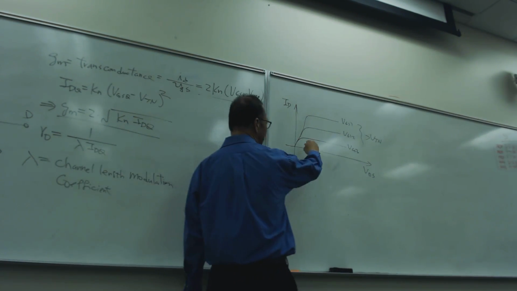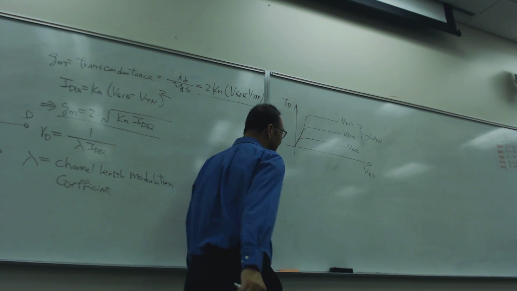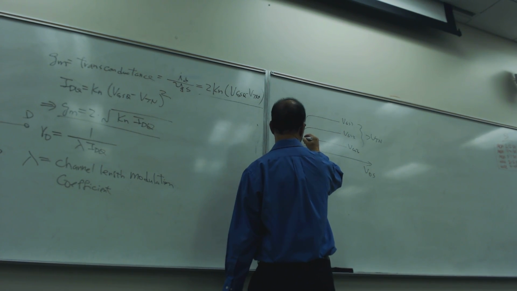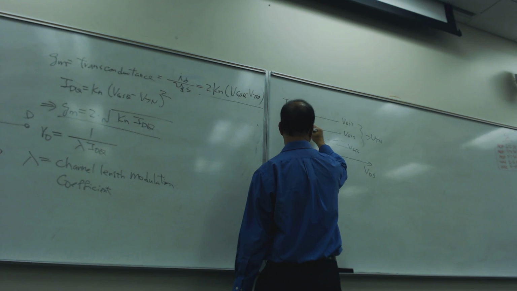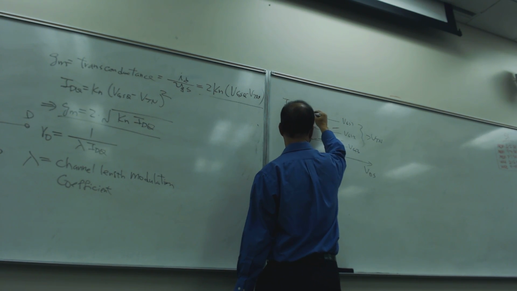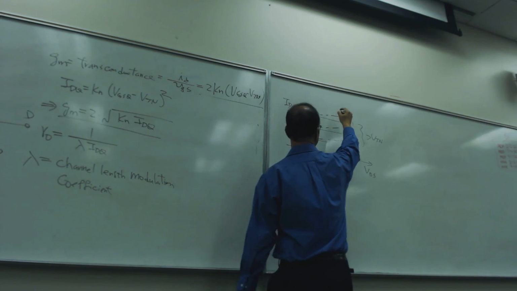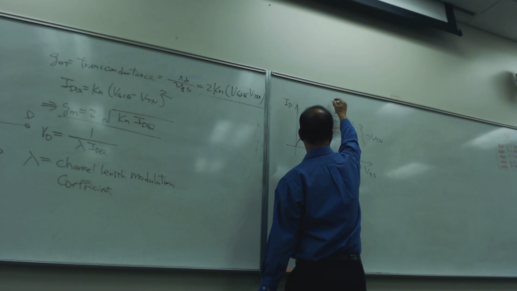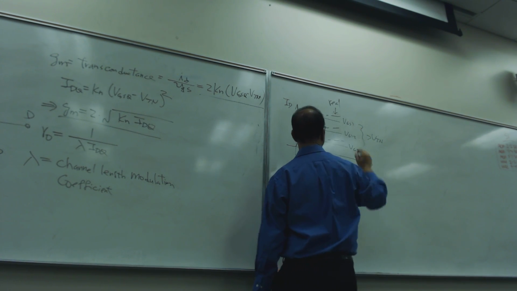Okay, but this is the ideal case. You can see these are flat, right? But actually, they are not flat. They have a slope. So this is the real one.